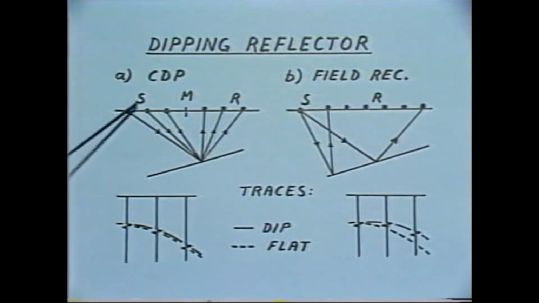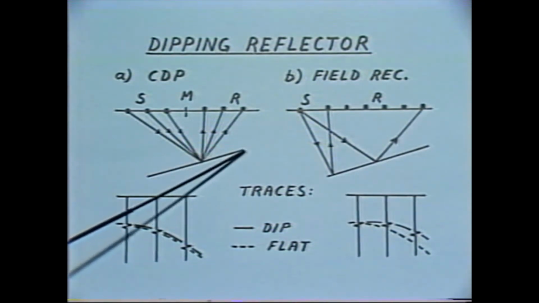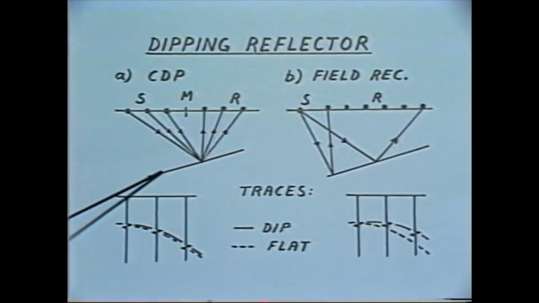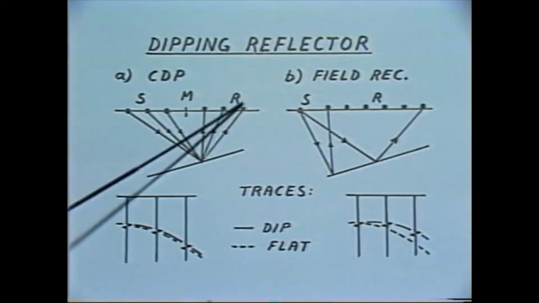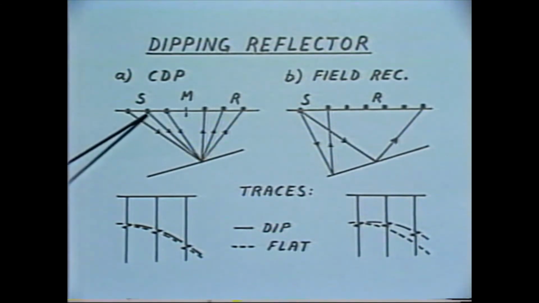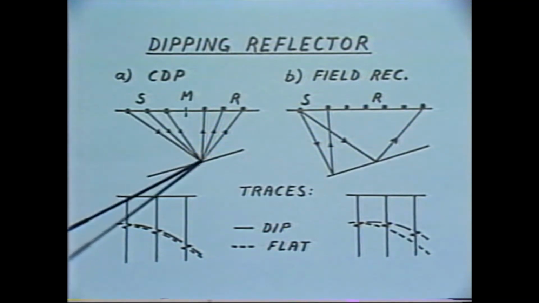In other words, if we had a situation such as this, where the reflector is not horizontal but is dipping to some extent, our set of common midpoint traces would in fact still be reflected from almost the same point on the reflector. The reflection points would be close enough that we can consider it a common reflection or depth point.